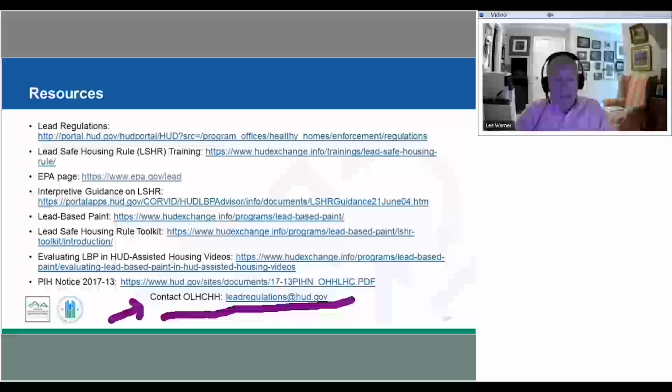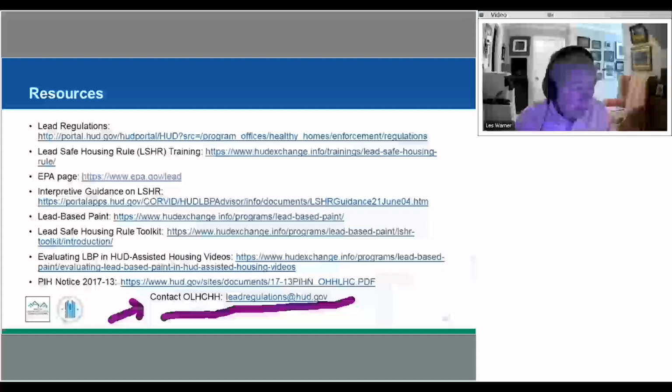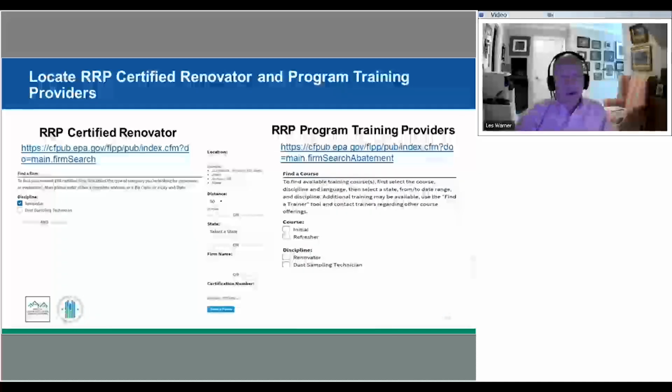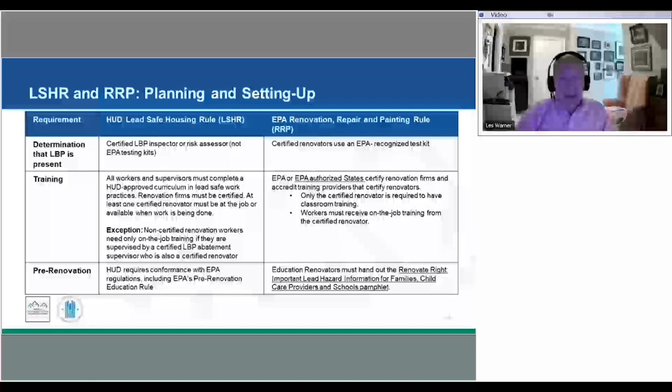So the contractor themselves needs to follow the RRP requirements, including the disclosure that they're required to provide, which is one of the contractor's responsibilities. But we have this overlay between RRP and the Lead Safe Housing Rule, with some differences in things like the de minimis rules and the rules about clearance, so you're always going to be following the more restrictive of those two rules.